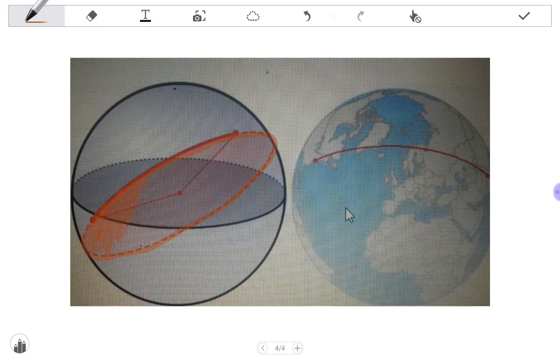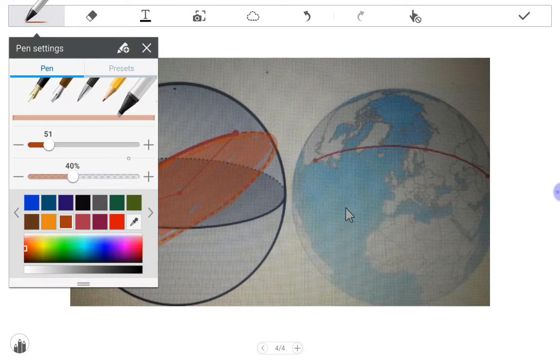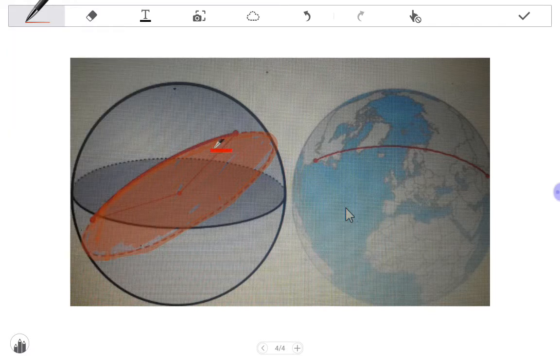The plane of the circle must pass through the inner center of the earth. Then that circle divides the earth into two equal halves, first half and second half.